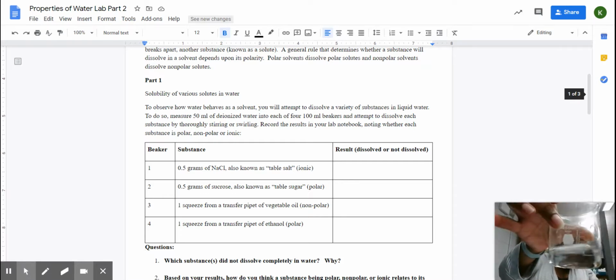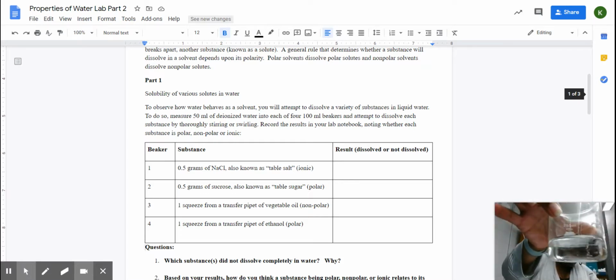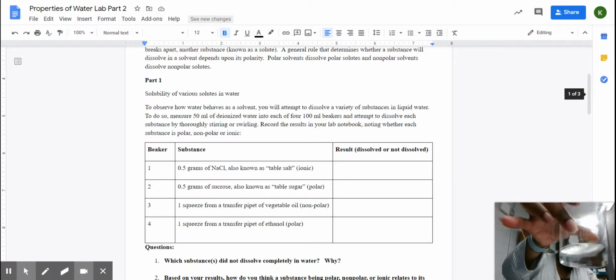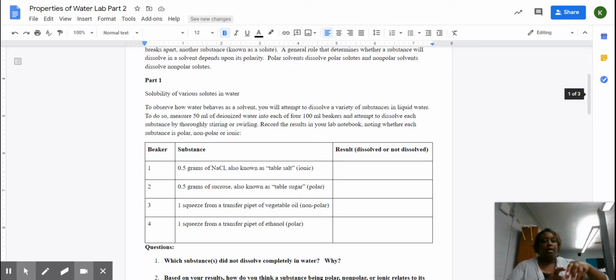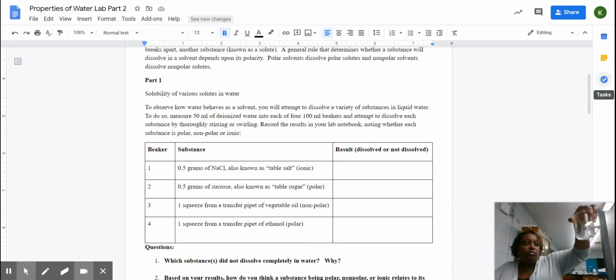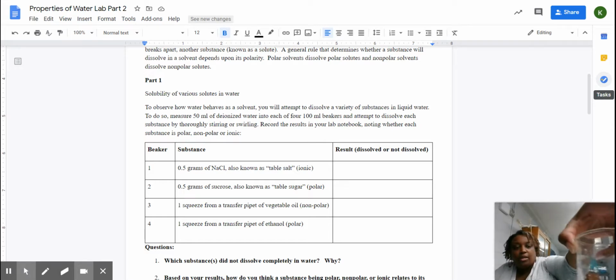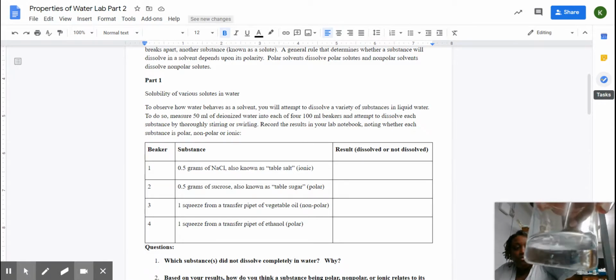This is what it looks like before I swirl it. Can you see where it's a little cloudy in the water? And I'm now going to swirl it around really, really well. All right, now you'll notice that it dissolved.